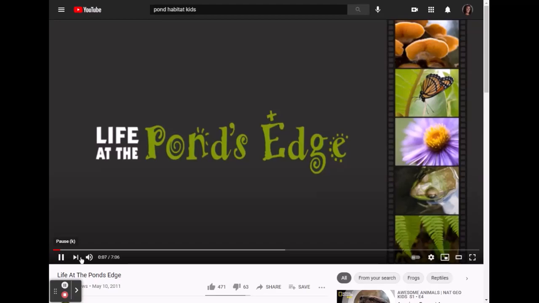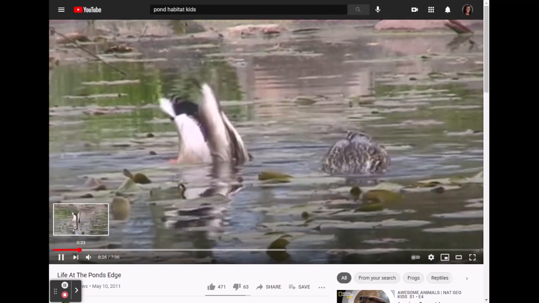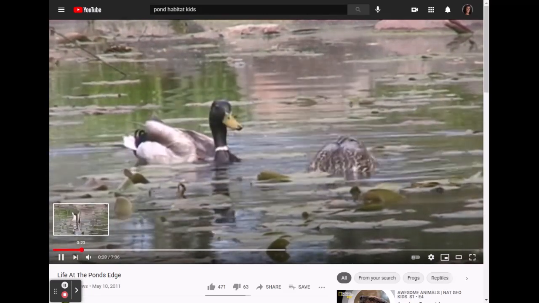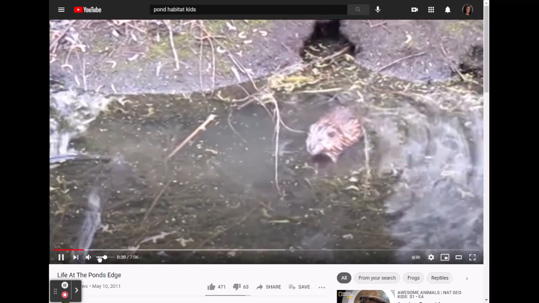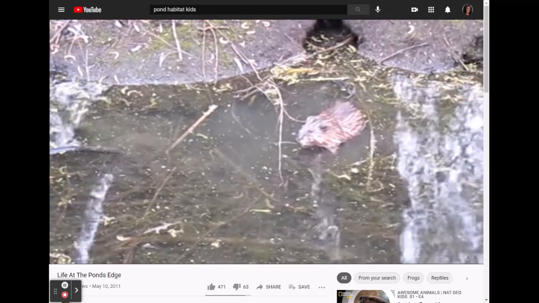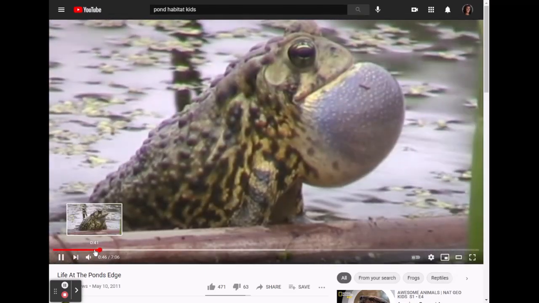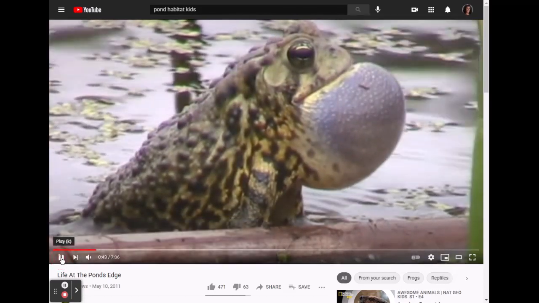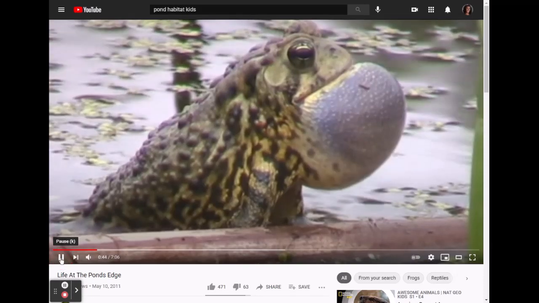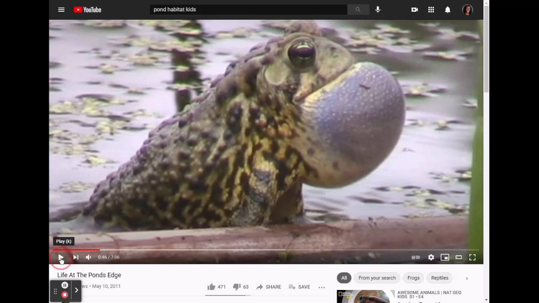Let's see what plants and animals we might find at the pond. We see ducks diving under the water. There's the muskrat. What is this frog? What is the toad doing? Croaking.